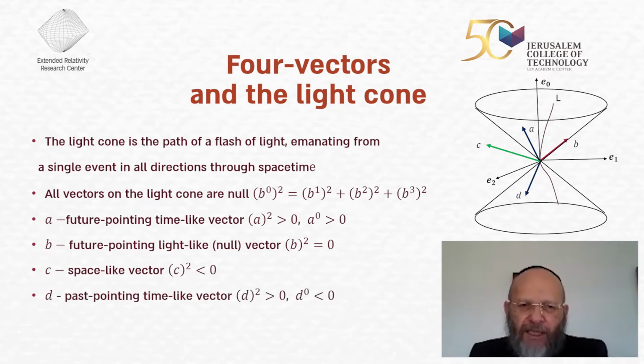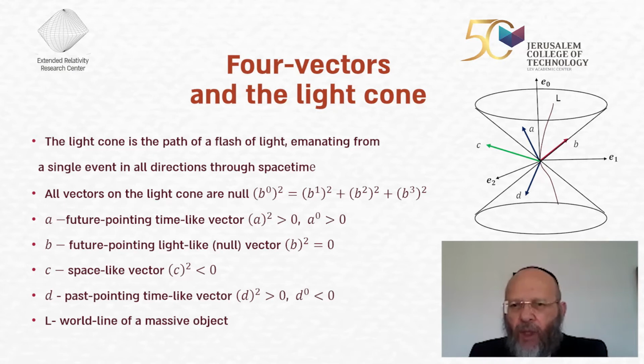We can have a past pointing time-like vector, like here, which is inside the cone. Inside the cone means that d squared is still positive, the norm, and d0 is negative. Now, the world line of something which moves has to be inside the positive light cone in the future, and inside the past light cone in the past.